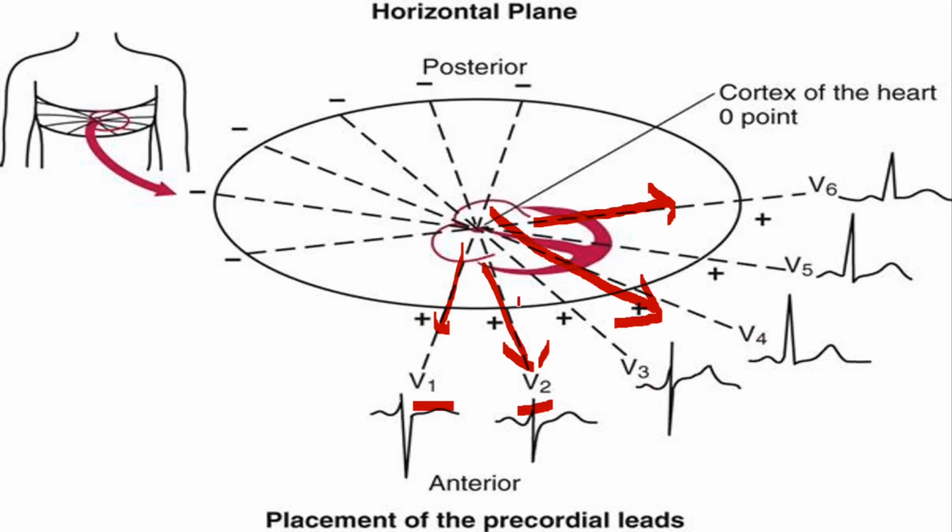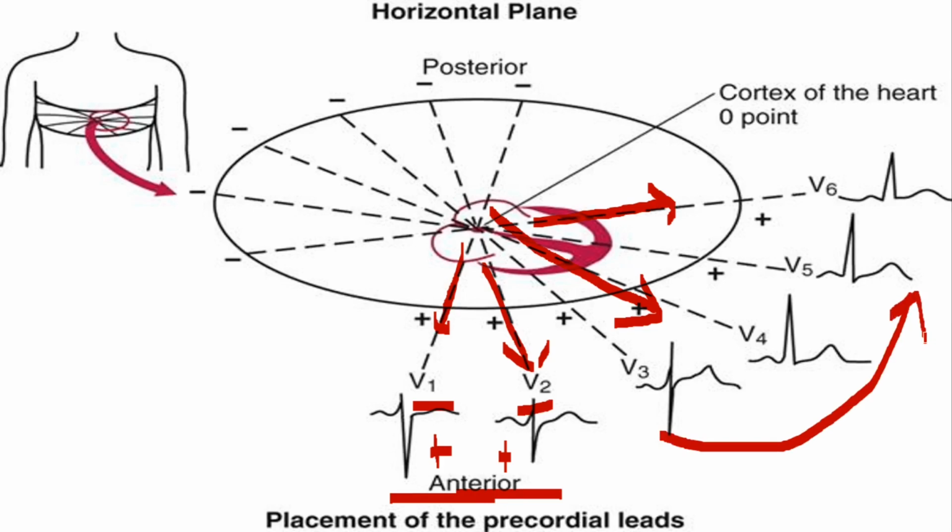In V1 and V2, the current flow is going away from the recording electrode. So we get predominantly negative waves in V1 and V2, and from V3 to V6 we get mostly positive waves, especially V4, V5 and V6, because they are in line with the main QRS, that is the mean electrical axis of the heart.